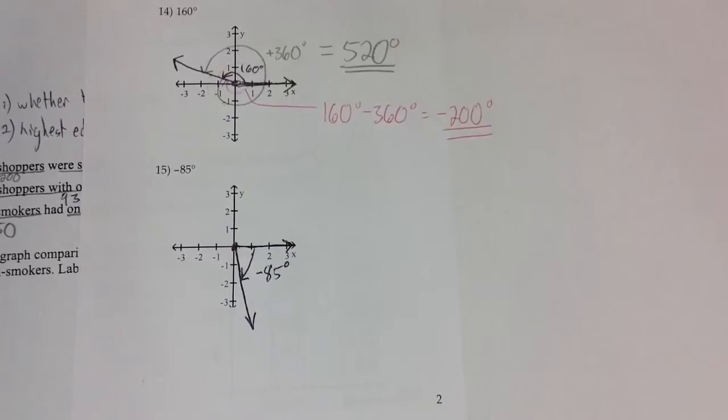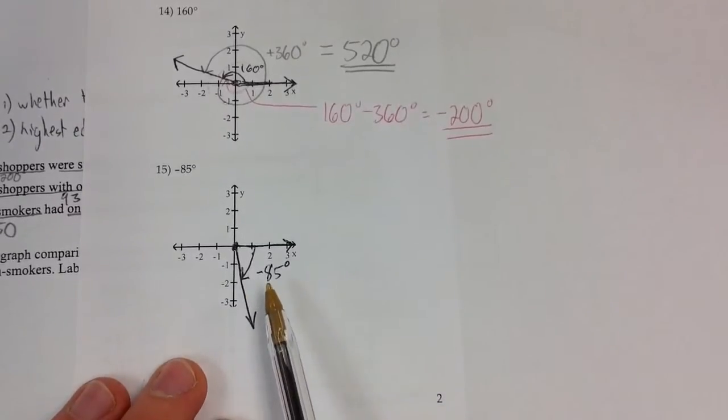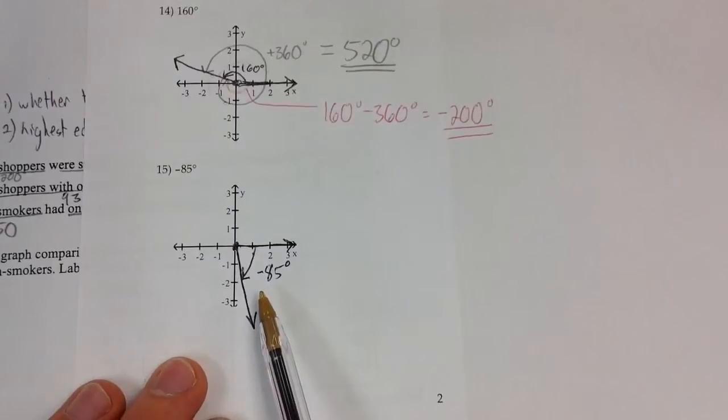All right, Dan. I now want one positive coterminal angle with negative 85 degrees. Could you help us find one positive coterminal angle with negative 85 degrees?